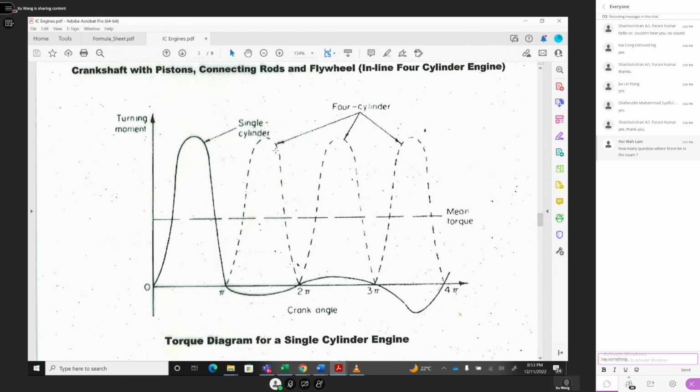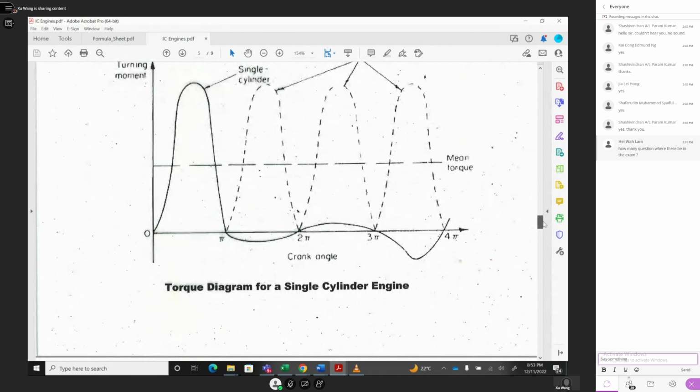But if you have a four-cylinder engine, over 4 pi you get four peaks, so it is more even. From this you can find the average output mean torque. This torque should be equal to the engine dynamometer friction torque, balanced, and then you can keep the engine at constant speed. Otherwise, the engine will not be at constant speed.